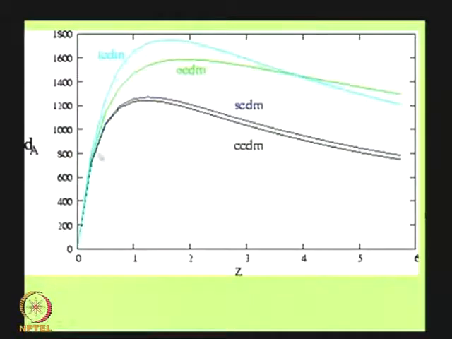Again you see that in the redshift range between 0 and 6, LCDM is larger than all of them. LCDM and OCDM are actually quite close, whereas the ones which have significant amounts of matter, where omega matter is close to 1, the distances are considerably smaller.